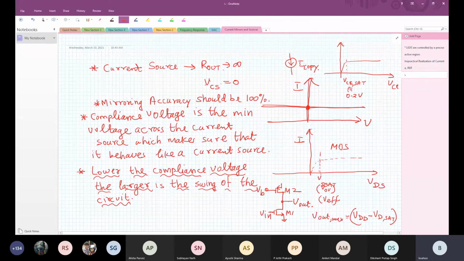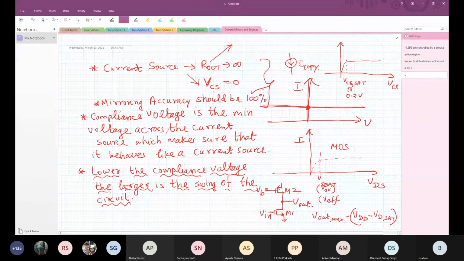So three things quantify a current mirror: output impedance, compliance voltage of the current source, and the accuracy of mirroring. You want to make the output impedance go as high as possible, make this compliance voltage as low as possible, and you want the accuracy to be 100%. Am I clear with this? Is that clear?